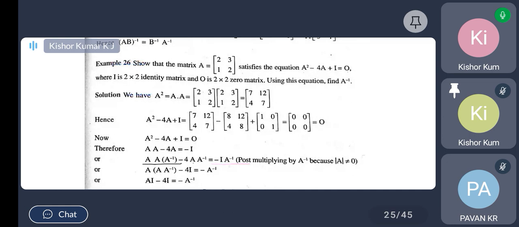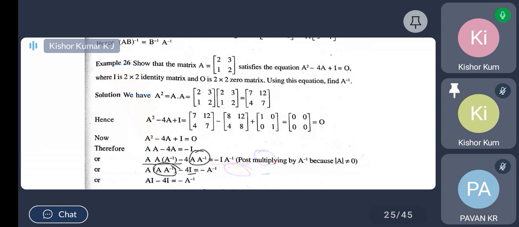And we already know one thing here: if we multiply any matrix with its inverse, we are going to get an identity matrix. So first I am going to make a group here, A into A inverse also one group. And here A into A inverse we already have, that will become the identity matrix.